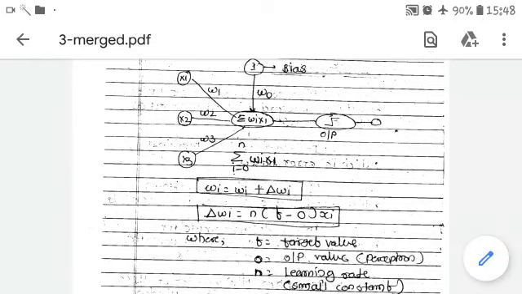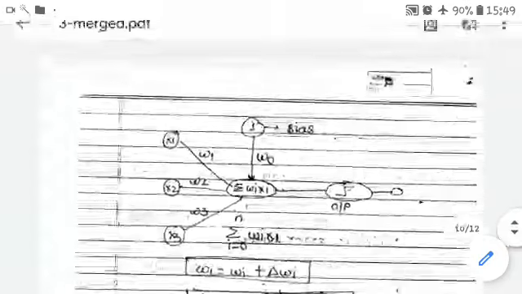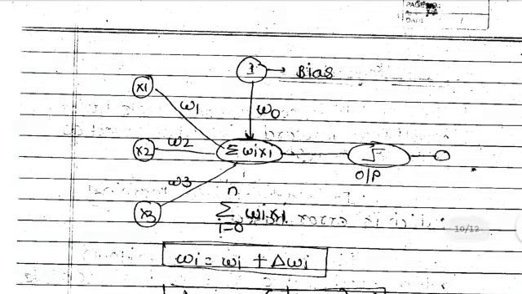Okay, so x1, x2, x3, these are the inputs, and w1, w2, w3, these are the weights for these inputs. Now this w0 describes the bias for the given perceptron network.